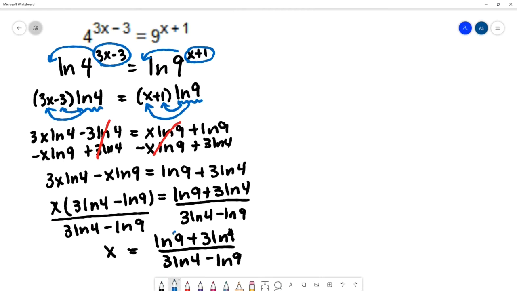So your calculator will put a parenthesis here, and you need to put a parenthesis here so that your calculator knows that the 9 is in that natural log. It's going to do that for all of the natural logs, so it'll do it here as well and here. So you're going to have all of those parentheses so that your calculator knows what goes inside each one of those logs.